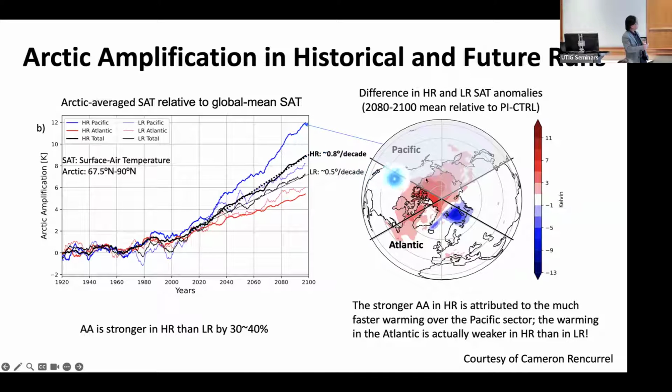The Pacific sector in the high resolution model warms much faster. In comparison, in the Atlantic sector, the high resolution model is actually warming slower than the low resolution model. So the stronger Arctic amplification in the high resolution model is primarily coming from the Pacific sector, right?